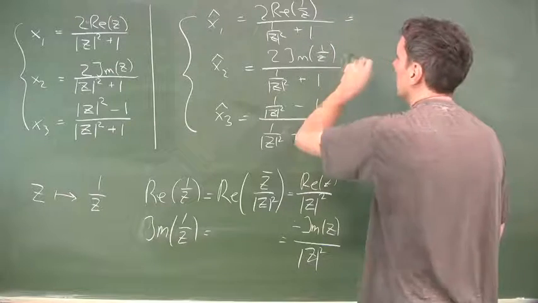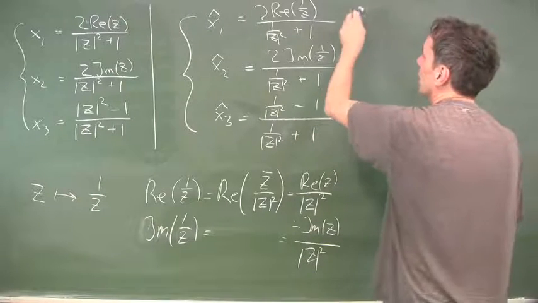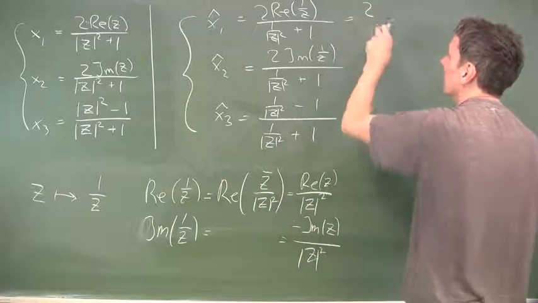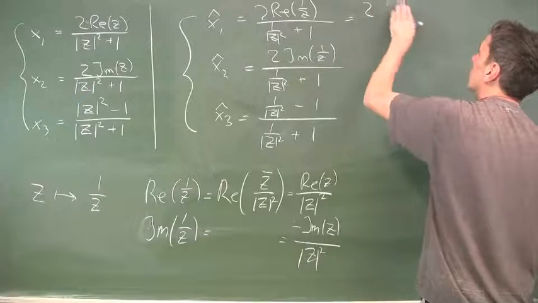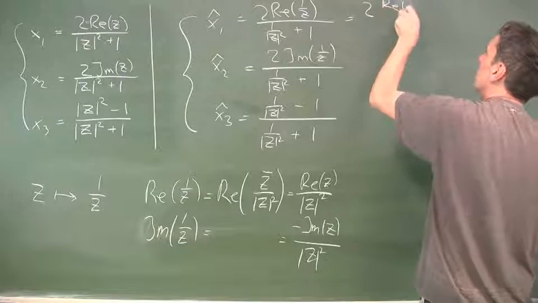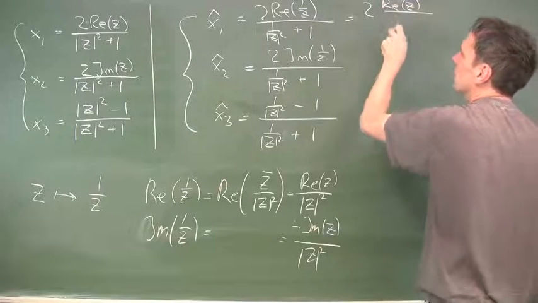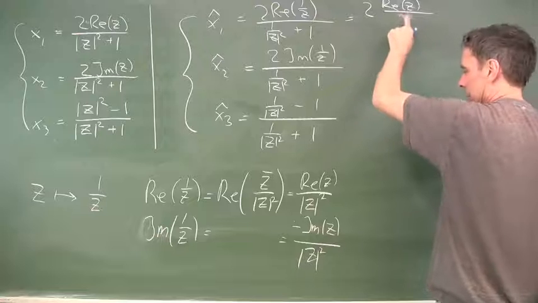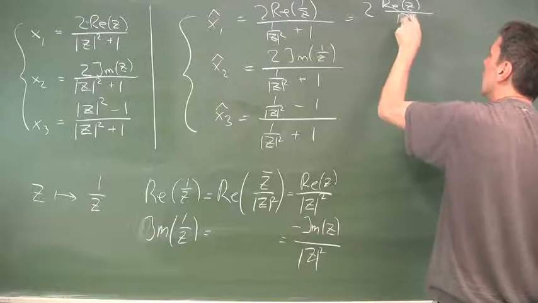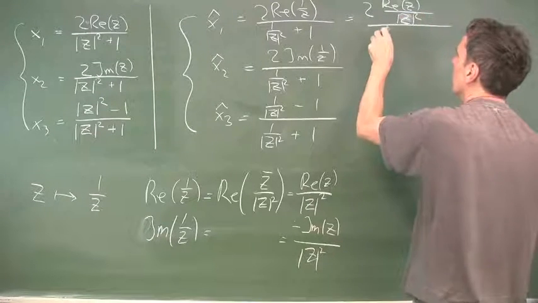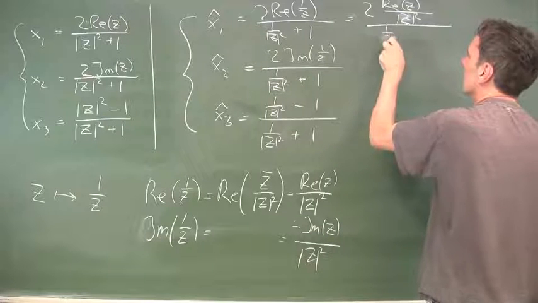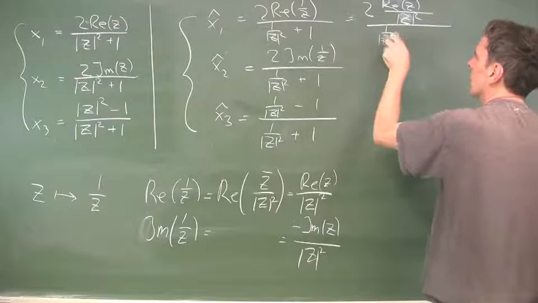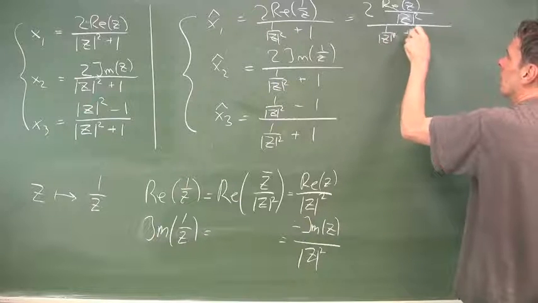So then we can rewrite this as 2 times the real part of z divided by z absolute value squared, and then the whole thing divided by 1 over z absolute value squared plus 1.